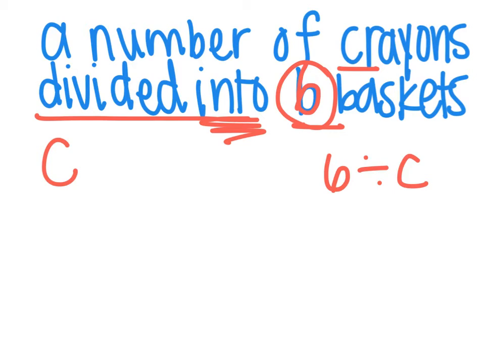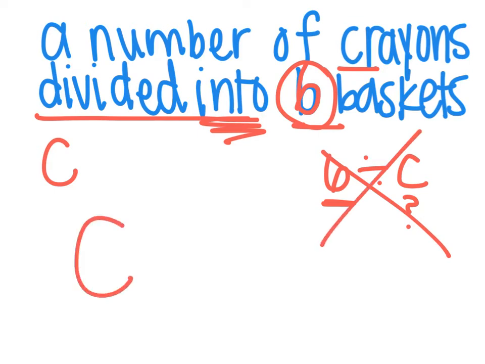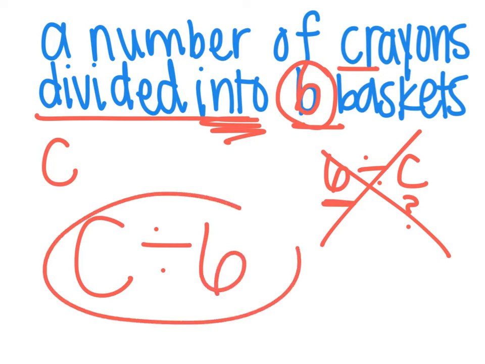Things can be a little bit different in these kind of word problems in 8-8. If I go back and think about that, that would be that I have 6 things, and I'm splitting them up into C groups, whatever that is. But that's not quite the case here. What we're actually doing is we're taking our crayons, however many I have, and I'm splitting them up into 6 baskets. So this would be the correct algebraic expression.